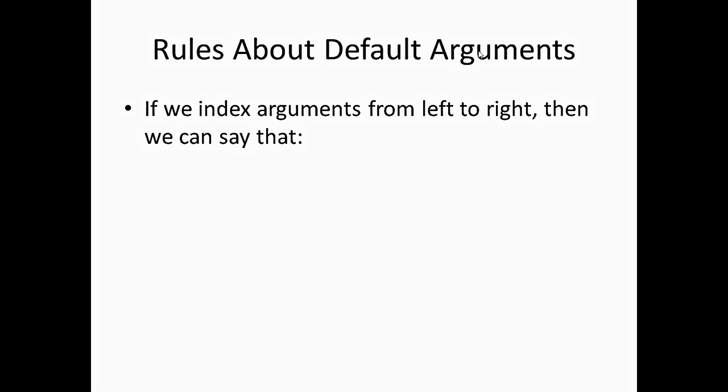Whatever collection you have, whether it's an array or a string or a tuple or a linked list or an array list, the indexing is done in this manner. The first item has an index of 0. So in case of a function call, going from left to right, the first argument will be given an index 0.